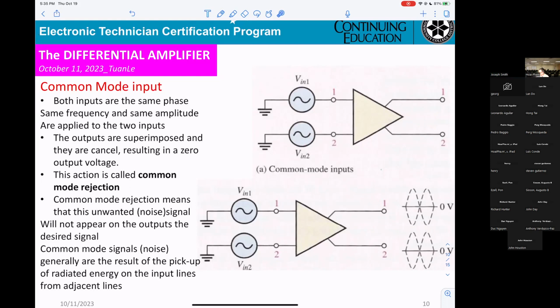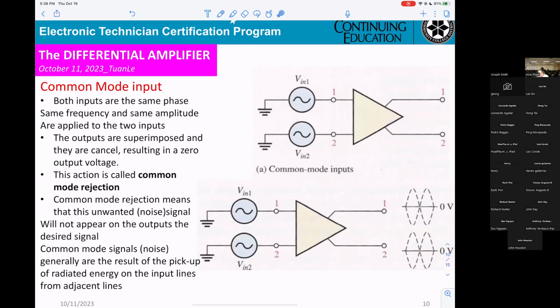So that's why you can see they draw it: this is a sine wave, and this is the identical sine wave. Whatever is identical is considered to be the noise. And that's why you can see they prove it in here. You can get this one and the other one opposite, so that's why they cancel out.